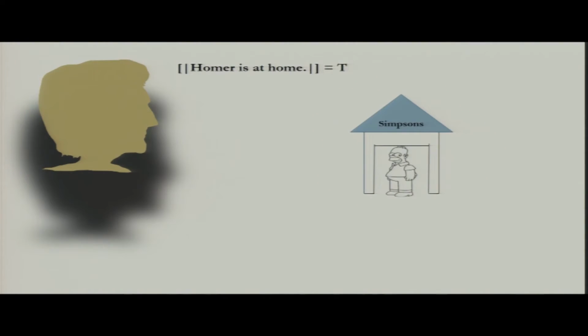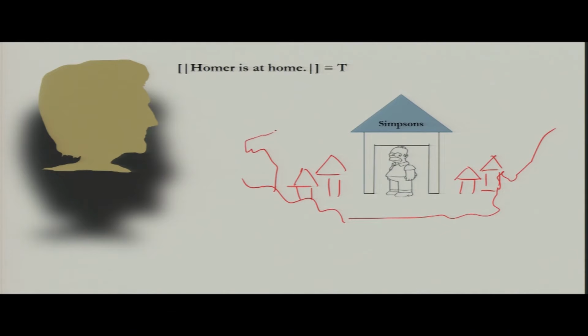The reality must look like this in order for the sentence to be true. So it is not enough to have other things, and it is not enough to have Homer or a few houses and trees and the sky and the sun and the moon and everything.